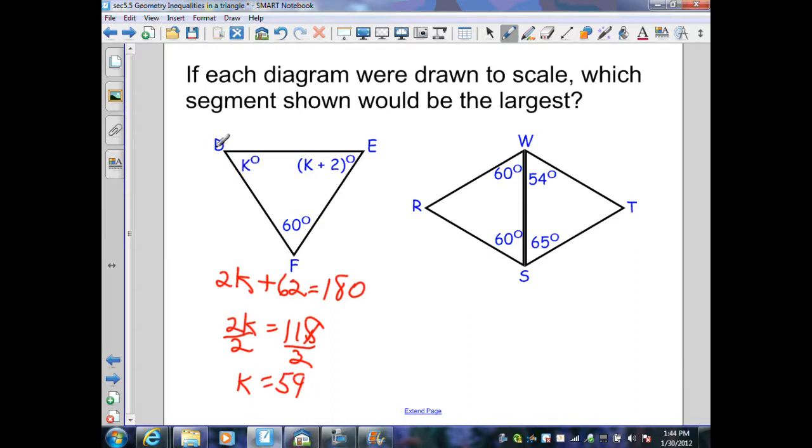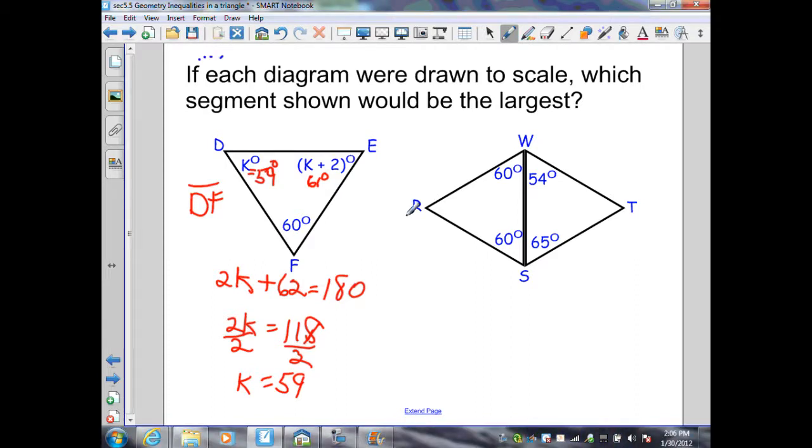Therefore, angle D is equal to 59 degrees, and angle E is equal to 61 degrees. And by the side inequality theorem, the longest side is opposite the largest angle. Therefore, segment DF is the largest segment in this triangle.